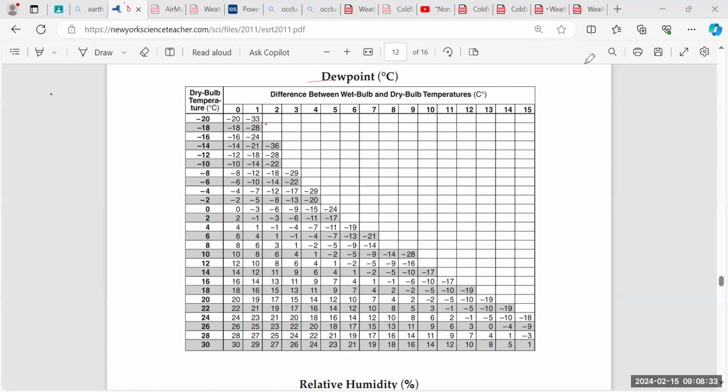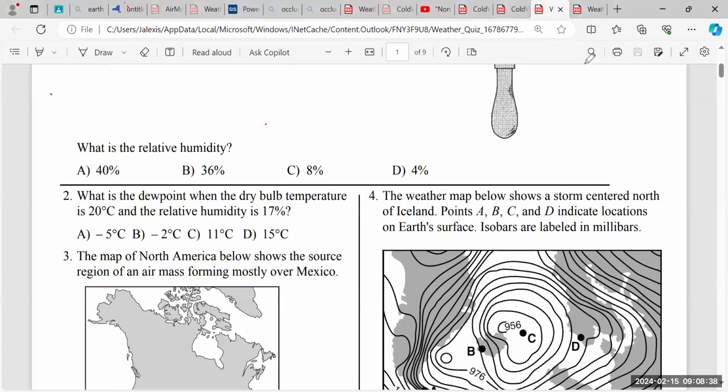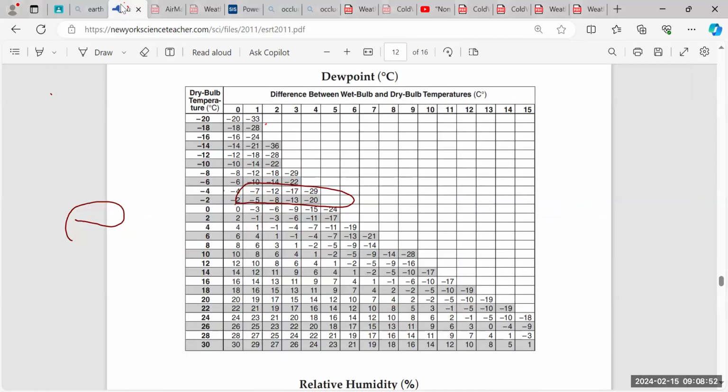When I go back to my question, one of the things I already know to use on the chart is that the dry bulb temperature is 20 degrees Celsius. So one part of my answer is going to be right here for the dry bulb to be 20 degrees, which means my answer is going to be one of these numbers here.